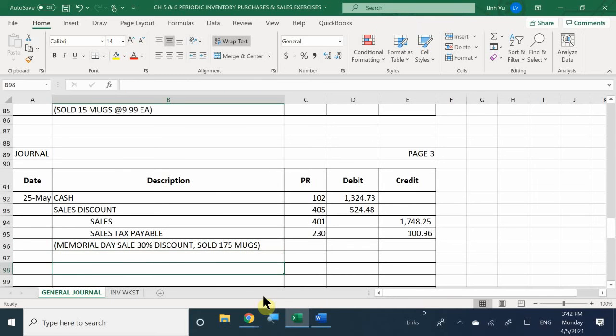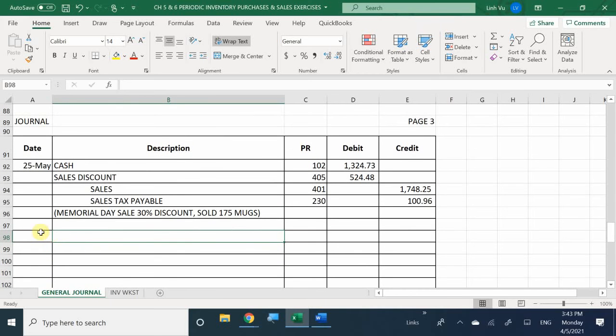Okay. So here we recognize that my sales discount is 30%. I sold a total of 175 mugs. There you go. We got the original sales, the discounted amount, and the tax, plus how much cash we're actually going to be receiving. Okay? Good.